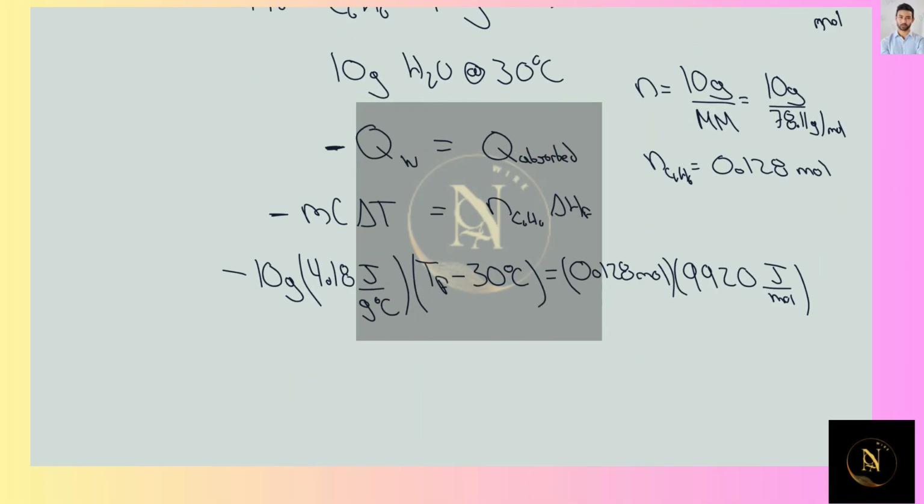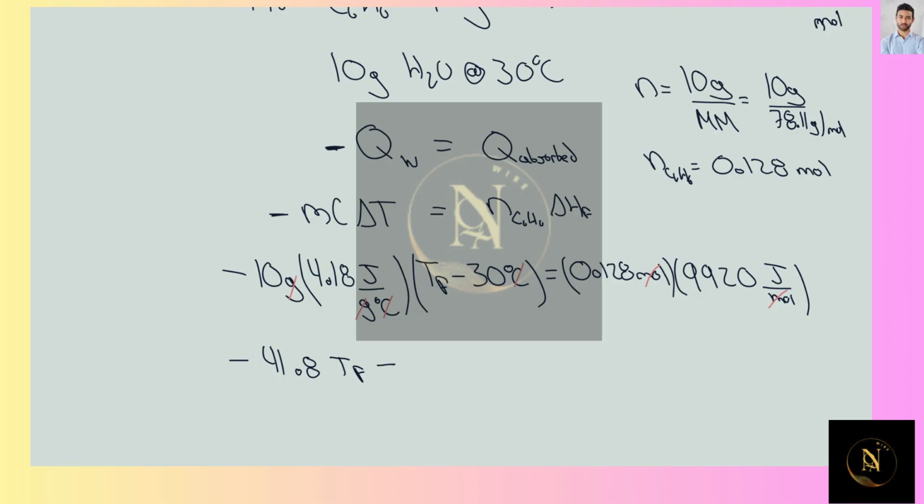As you can see, grams are going to cancel out. Degrees Celsius will cancel out with the degrees Celsius over here, and moles with moles are going to cancel out. So what we need to solve for is the final temperature. In this case, this becomes minus 41.8 times final temperature.